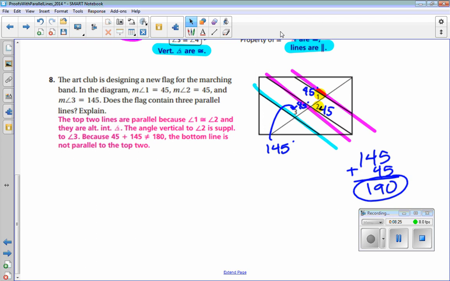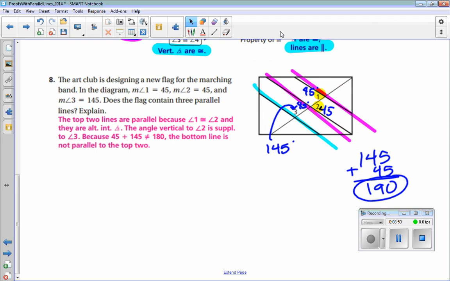All right. So what I'd like us to do is, in your packet, do me a favor. Okay? We're going to do some algebra ones first. Go ahead and take your notes out and call this today Proofs with Parallel Lines. Today is October 17th. This is the last new thing that we're going to do with parallel lines.